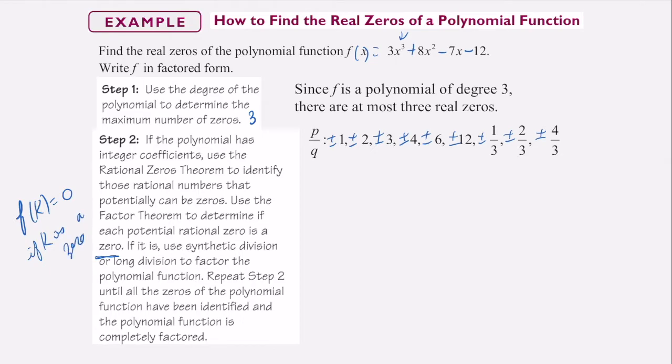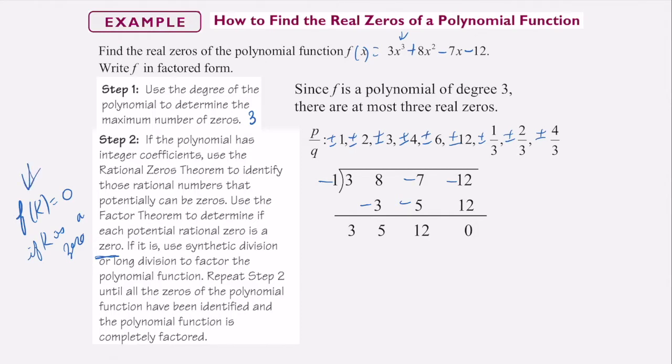Then you will continue to factor your polynomial by knowing how to factor a quadratic, or by having to find more zeros by substituting them into our function. So I would get f of x is x plus 1, and I have a remainder of 3x squared plus 5x minus 12, and then I'd want to factor this quadratic function.